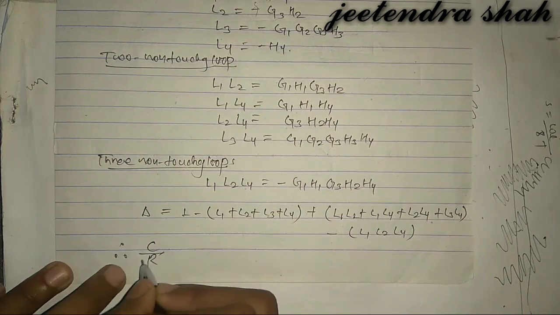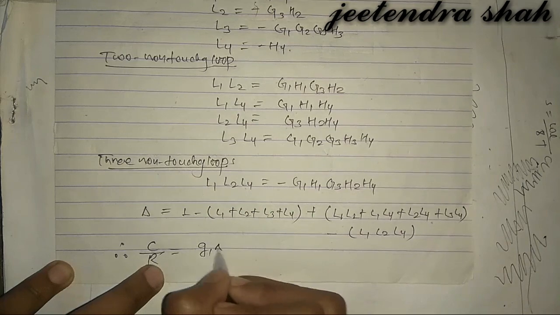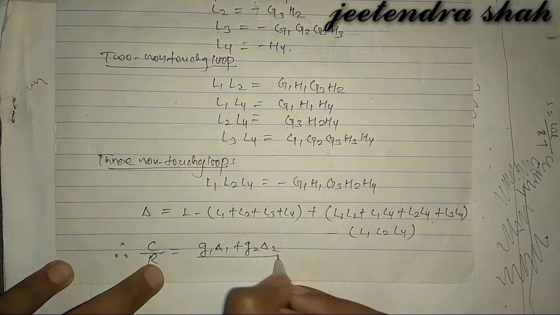Since finally we want C upon R, we have G1 del 1 plus G2 del 2 upon del.